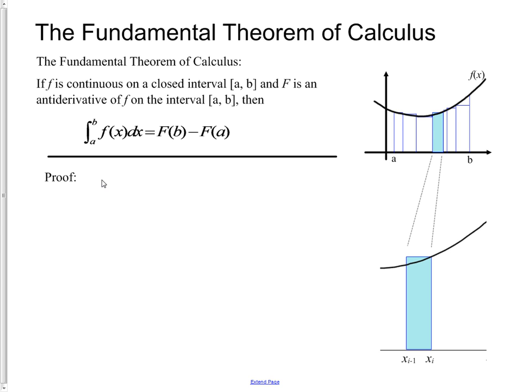So the first thing that we have to do, like we've done with our limits and our sums in the past, is let our area underneath the curve be divided up into some partitions. So we're going to let delta be a partition.